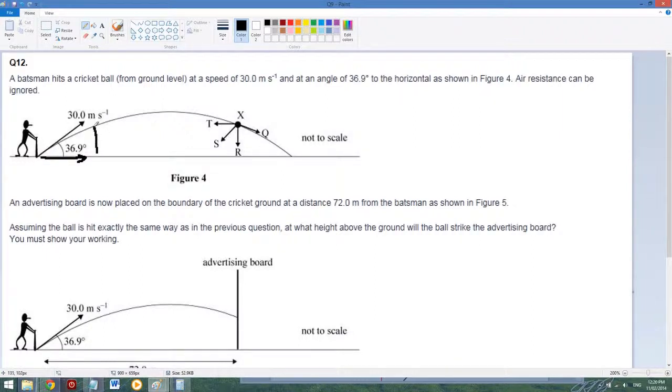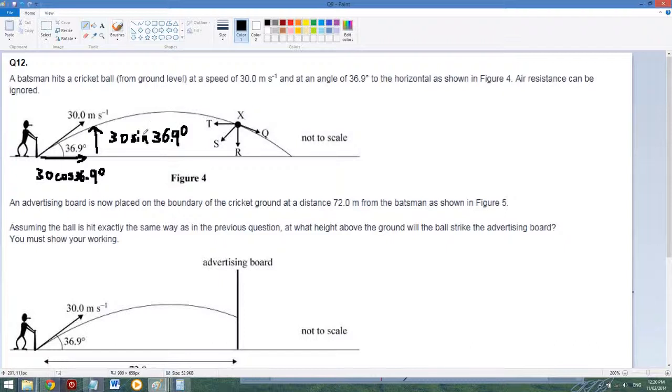Now this seems easy. Go to the last question. Okay, we have a batsman. Okay, let's read the question. Hits the ball from ground level. Yep, that's good. Remember, we have to break it up.